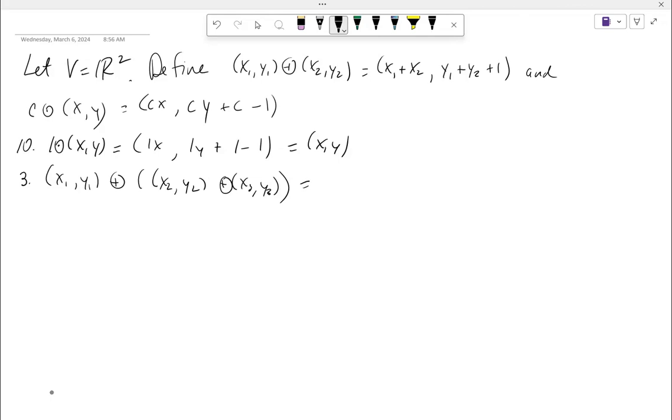But again, when we've got it grouped like this, we're going to add the second two together first, right? When we add those together again, we're just adding the first components just like we always do. The second components, we get a plus 1 on the end, right? What do we get when we add again now?